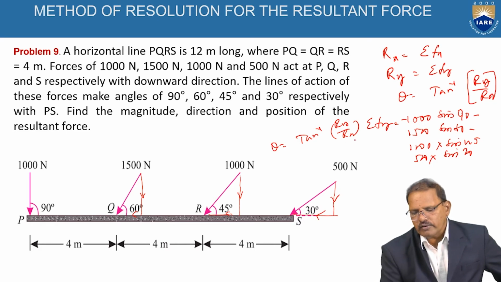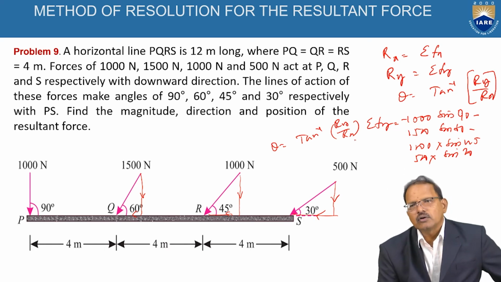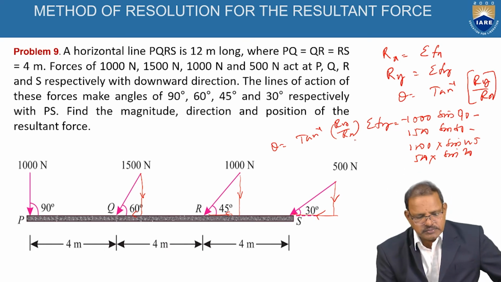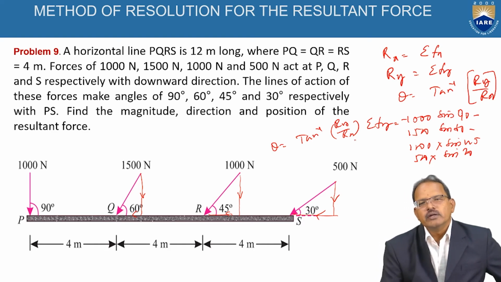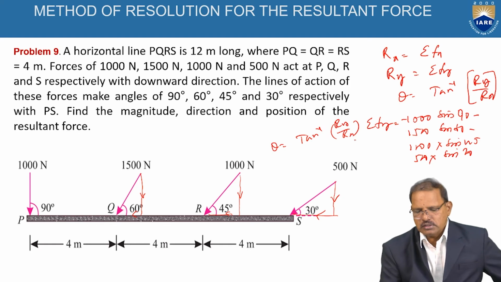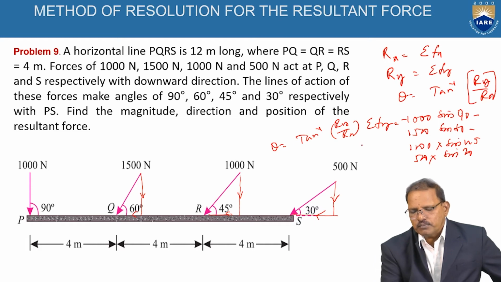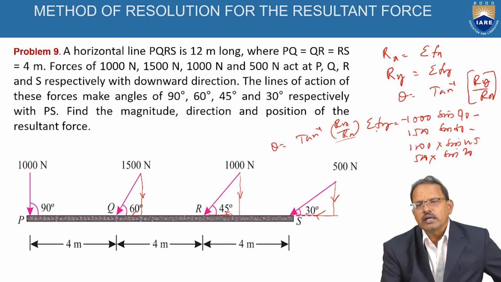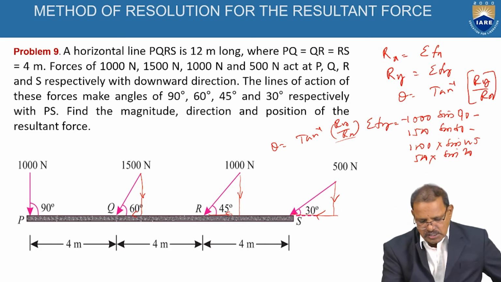That means it is acting in the third quadrant. The inclination generally lies between 180 and 270 degrees. Or here, since both are negative, you can take directly the angle which is made with the x-axis, as shown in figure.